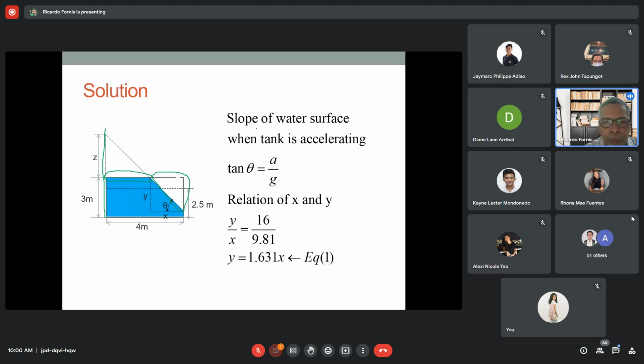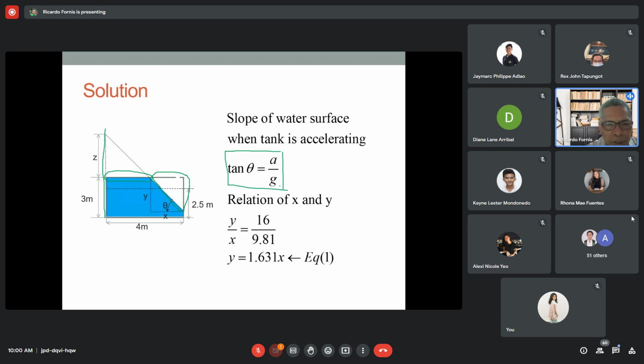Okay, how do we obtain the slope of the water surface? I believe we still remember the formula: tangent theta equals a over g. If we get the relationship between x and y, we can just do ratio and proportion.